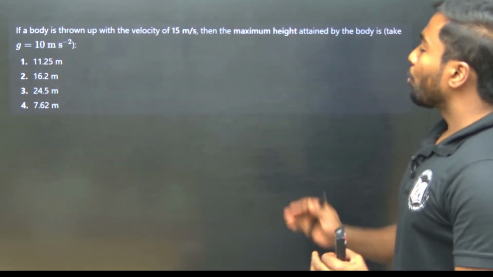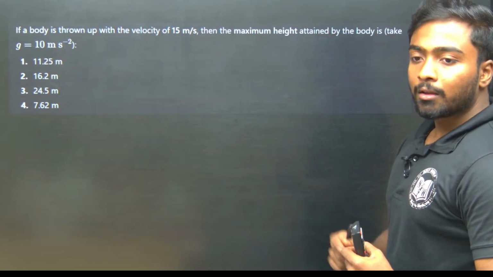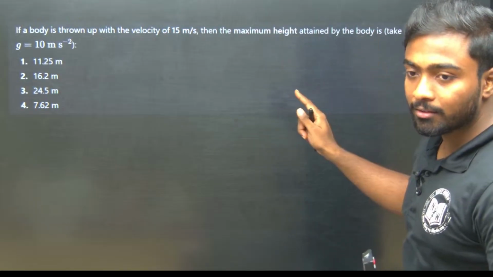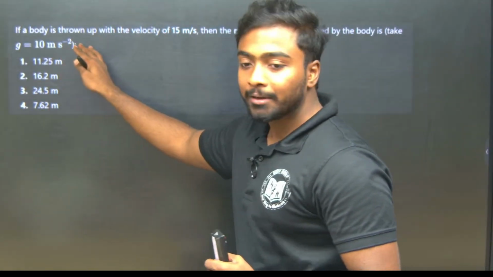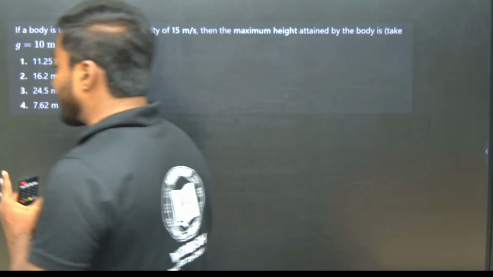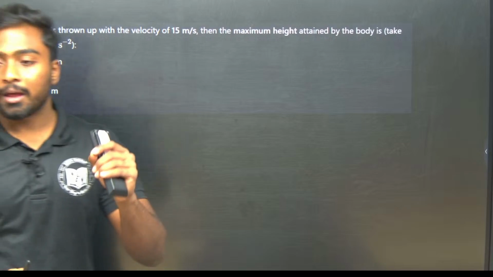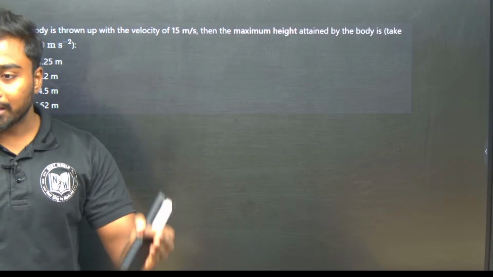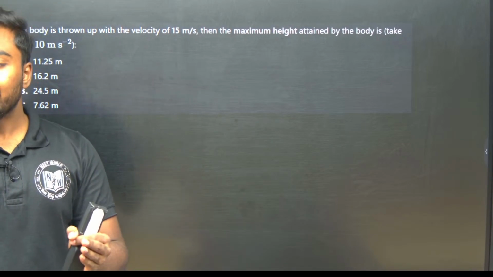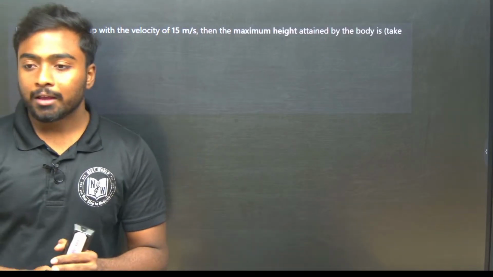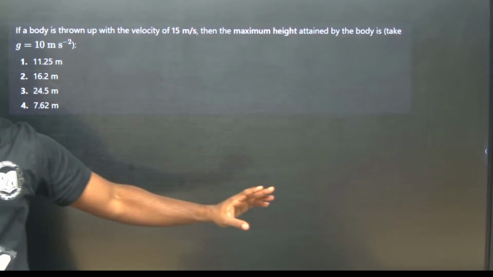If a body is thrown up with a velocity 15 meter per second, then the maximum height attained by the body is, take g equal to 10 meter per second square. So let me write first the given terms. Whenever you are appearing for a question, read the question, first write whatever they have said, and second, if any equations are there, write that equation and solve it.